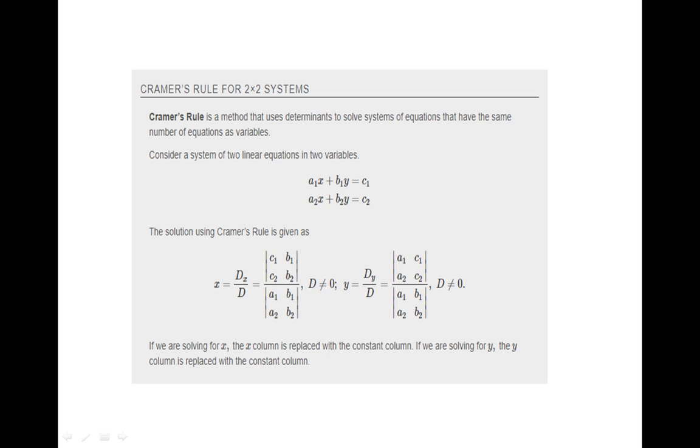And then y is going to equal D subscript y divided by D. So if we're solving for x, the x column is going to be replaced with the constant column. And if we're solving for y, the y column is going to be replaced with the constant column. Okay? So let's go ahead and do an example of this.